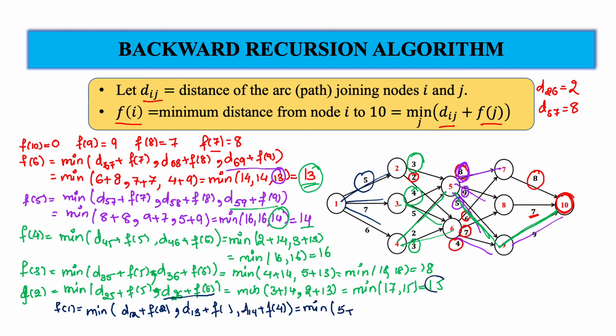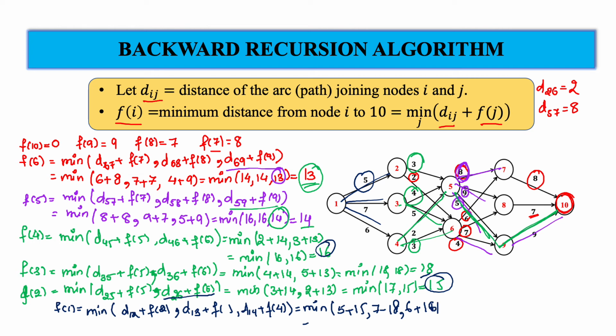F2 is 15. Okay, similarly 1 to 3 is 7 and F3 is what? 18. Okay, then 1 to 4 is 6 plus D4 is 16. Okay, now calculate them.